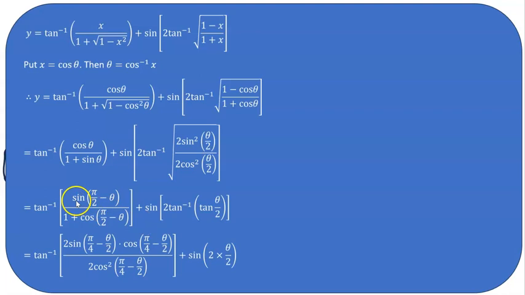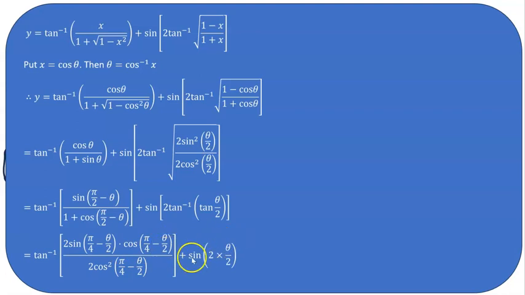Again, sine of pi by 2 minus theta can be written as, what is the sine theta? Sine theta means 2 sine theta by 2 into cos theta by 2. Similarly here, sine of pi by 2 minus theta is nothing but 2 sine of pi by 4 minus theta by 2 into cos of pi by 4 minus theta by 2.